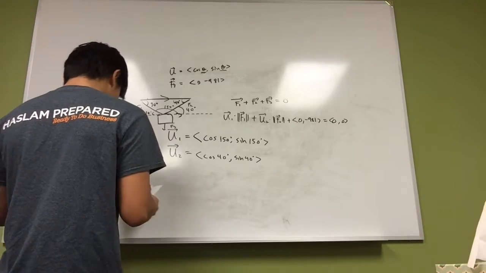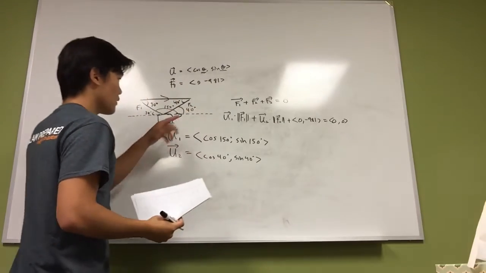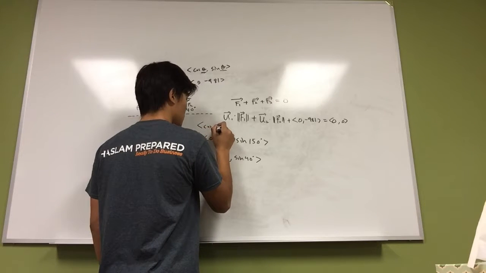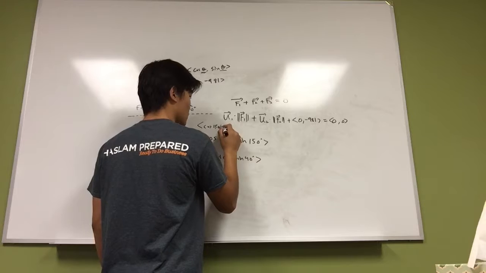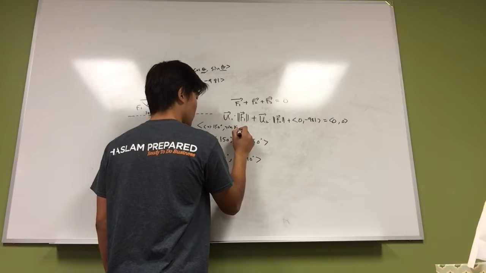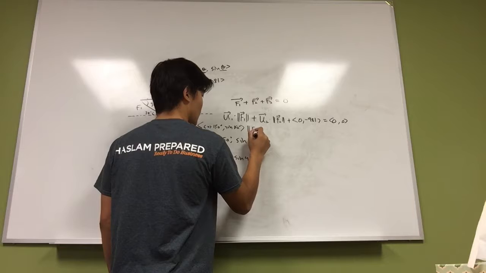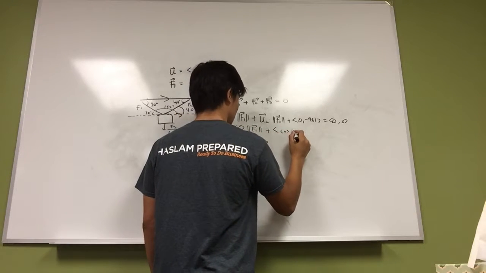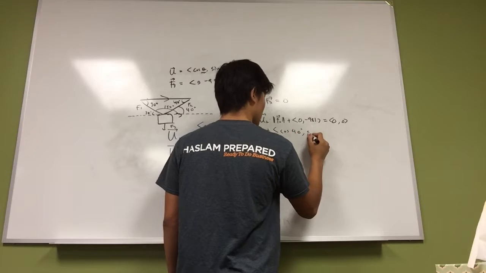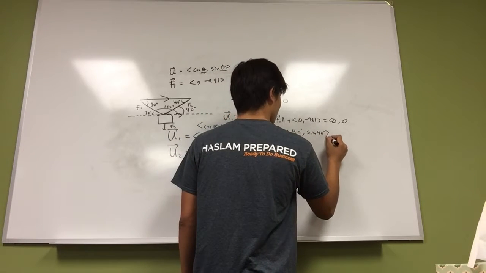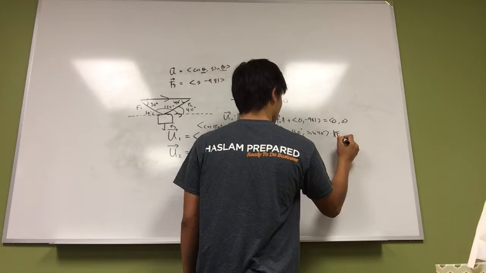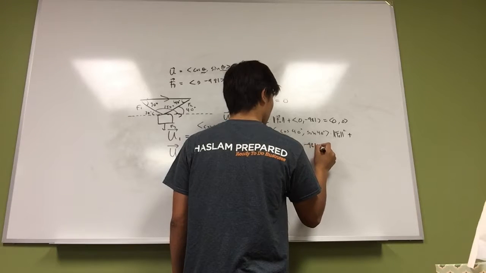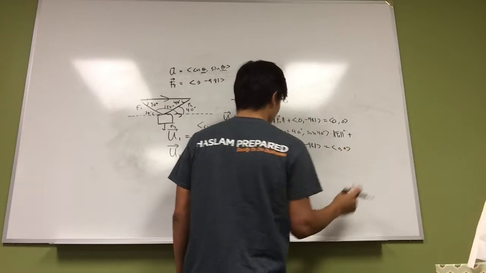Now we can expand this and say it's cosine 150 degrees, sine 150 degrees, times F1, plus cosine 40 degrees, sine 40 degrees, times F2, plus 0, negative 981 equals 0, 0.